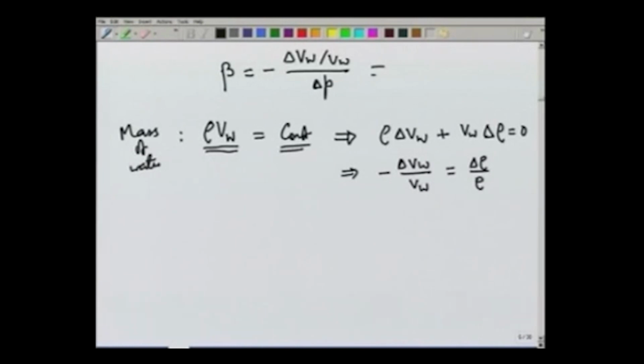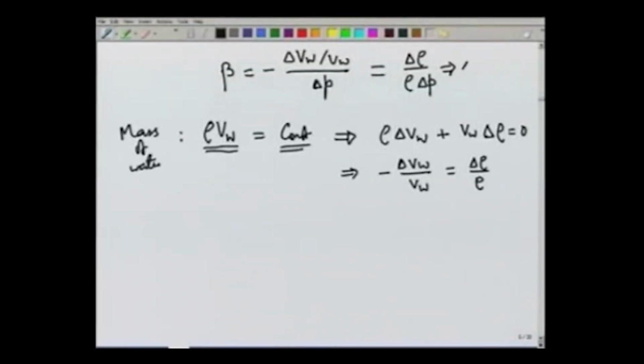So, we can write this as delta rho over rho equals beta delta P, and therefore, the change in density of water can be written in terms of its compressibility as delta rho equals beta rho delta P. So, using this equation we have related the change in the density of water with compressibility of water, its density and the change in the pressure.